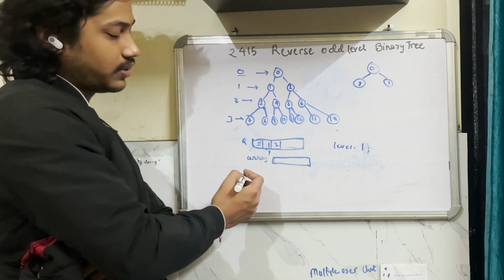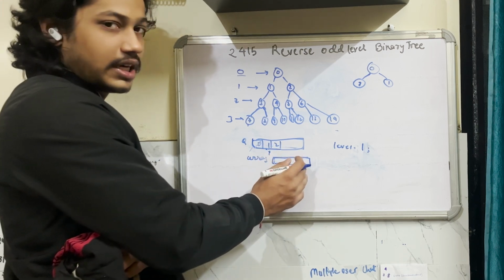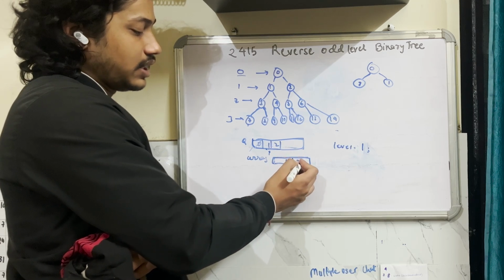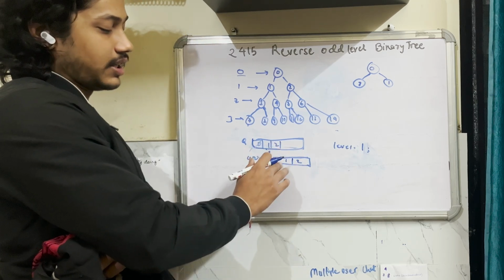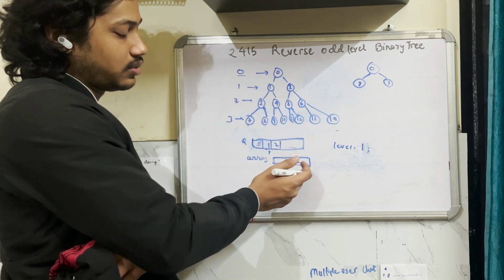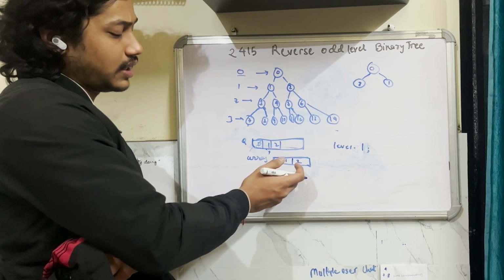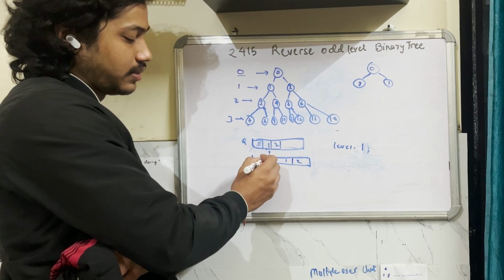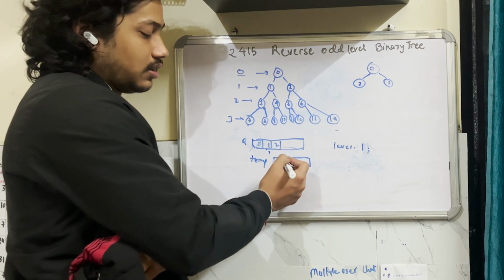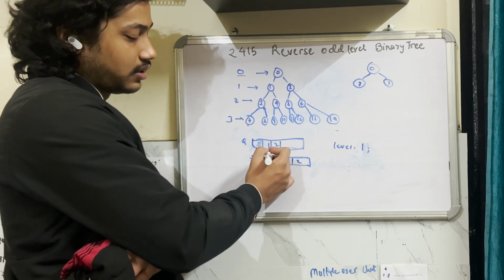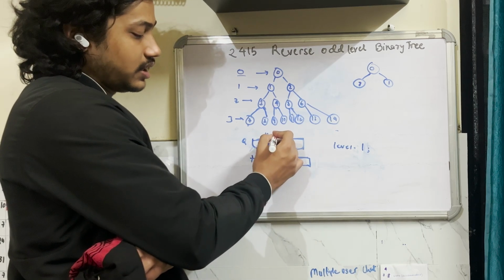Then you want to create an array that keeps track of the current elements at that level only. This level has these two elements, so you can create a temporary array, let us suppose named temp. You traverse through each node in the queue, this is your 0 index, and then the 1 index.